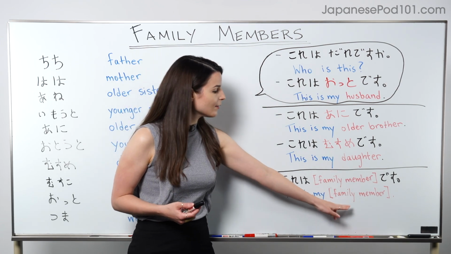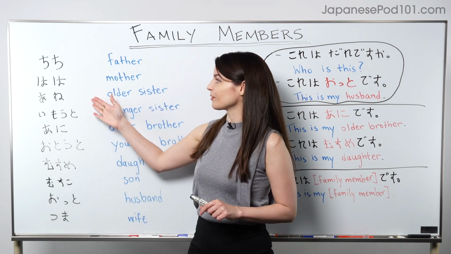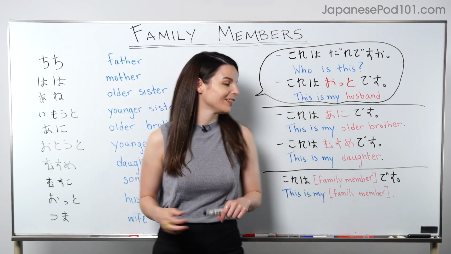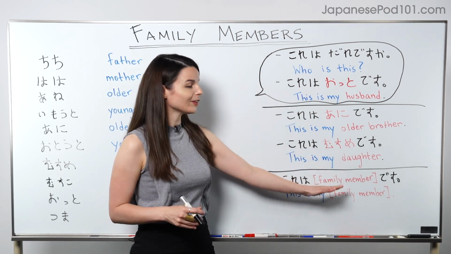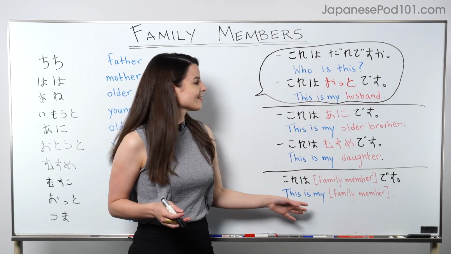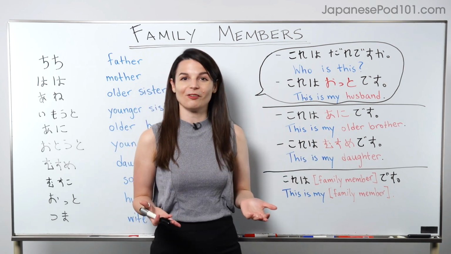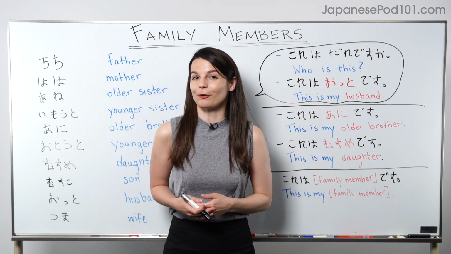So, in the part of the sentence, in red here, that says family member, choose one of these words that we talked about earlier. We see this pattern in all of these example sentences. これは兄です。これは娘です。And so on. So you can use this to talk about your family members.